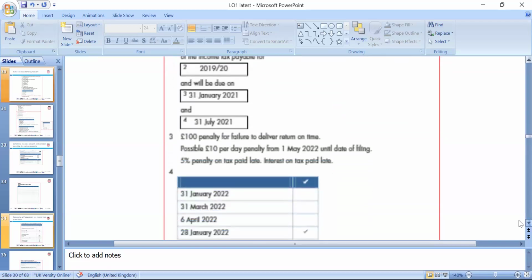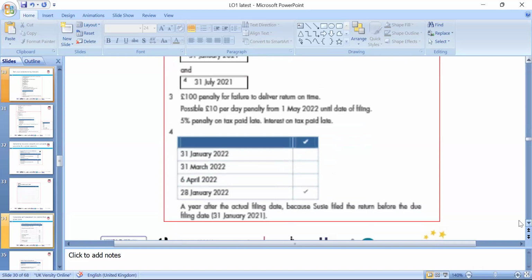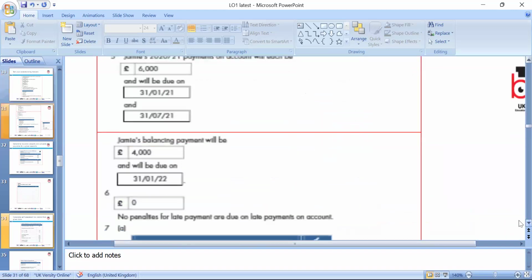So that's what we need to look at, and then the payment. A 5% penalty if paid late. Okay, move to the next.